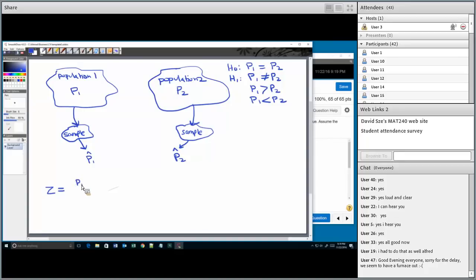You have P1 hat, you subtract P2 hat, and then you divide it by this long thing, okay? P hat, there's no number here. I'll tell you in a minute what that is.